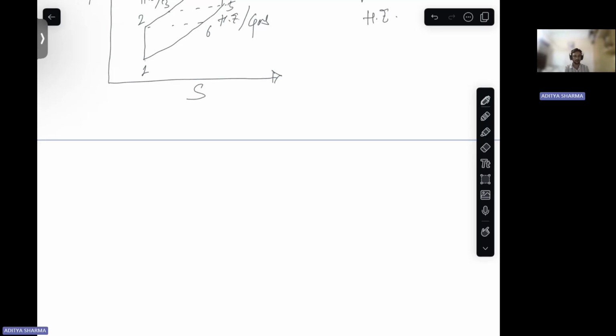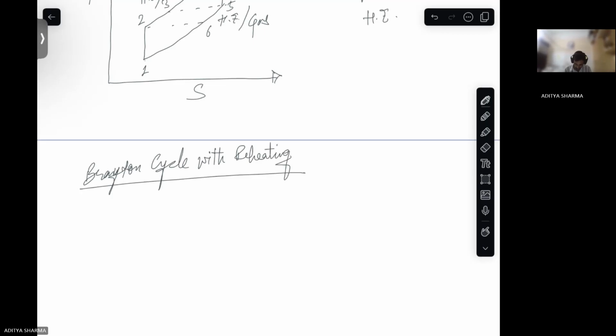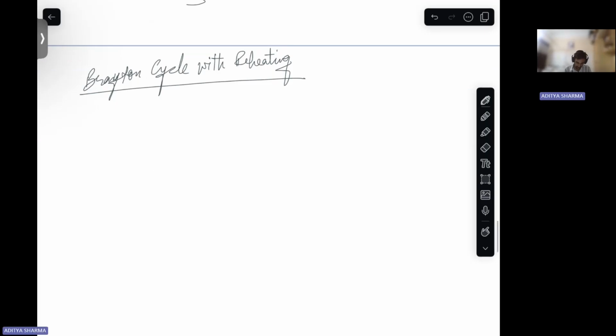Then you have Brayton cycle with reheating. What happens here?